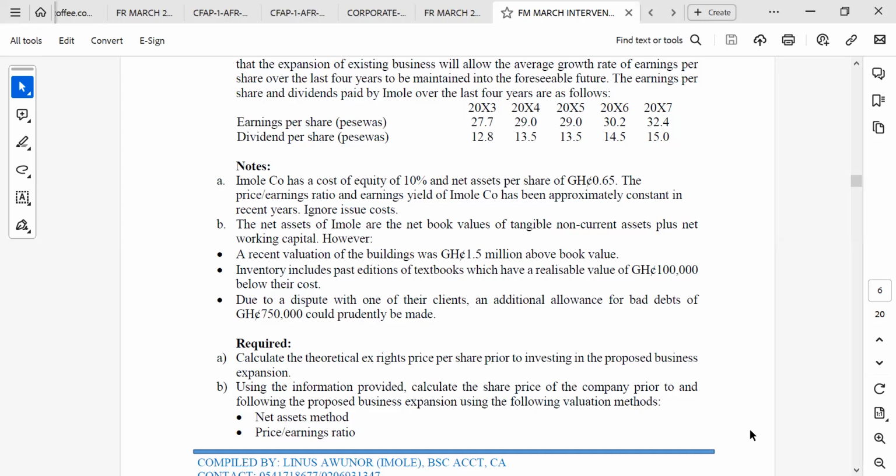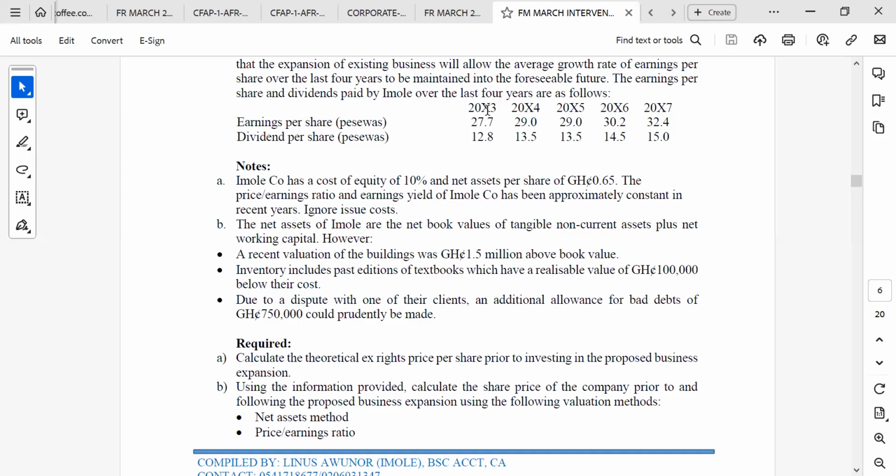So what do we do? In that case, we subtract the 100,000 cedis from the inventory. The cost that we have included is higher than the net realizable value by 100,000. So the value included in the net asset is higher than the actual value by 100,000. Let's go and remove that.